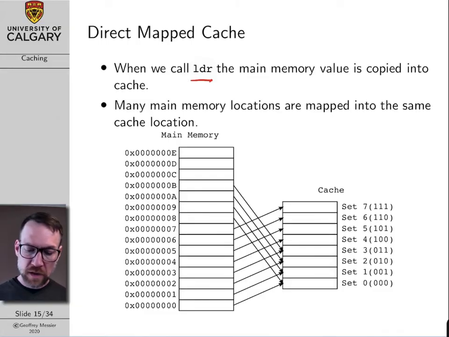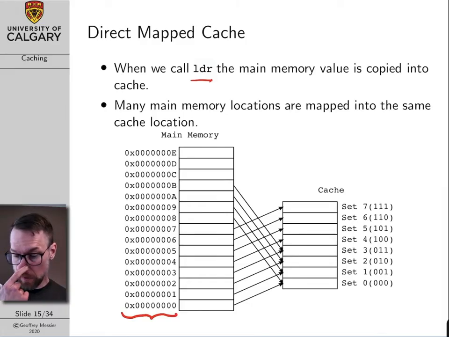Here's an example where we have a 32-bit address space in main memory, and we have our one word cache with a capacity of 8 words.